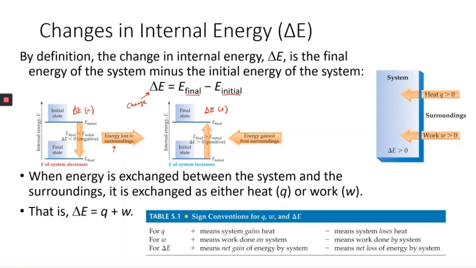It could be any ratio of the two. So therefore, the equation for the change in internal energy is your heat, which is Q, plus work, which is W. So if Q and W are positive, your delta E is going to be positive. But if Q and W are negative, then your delta E would be negative.